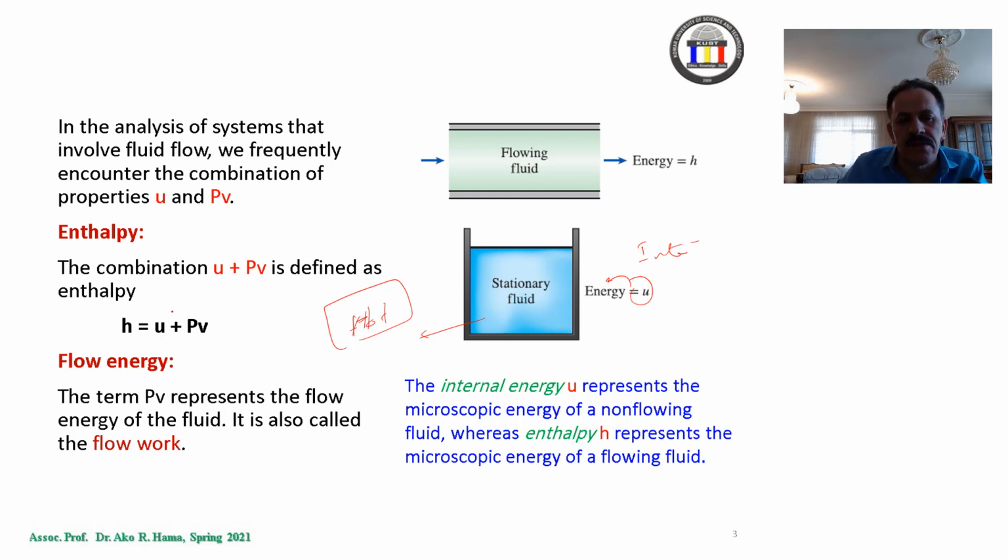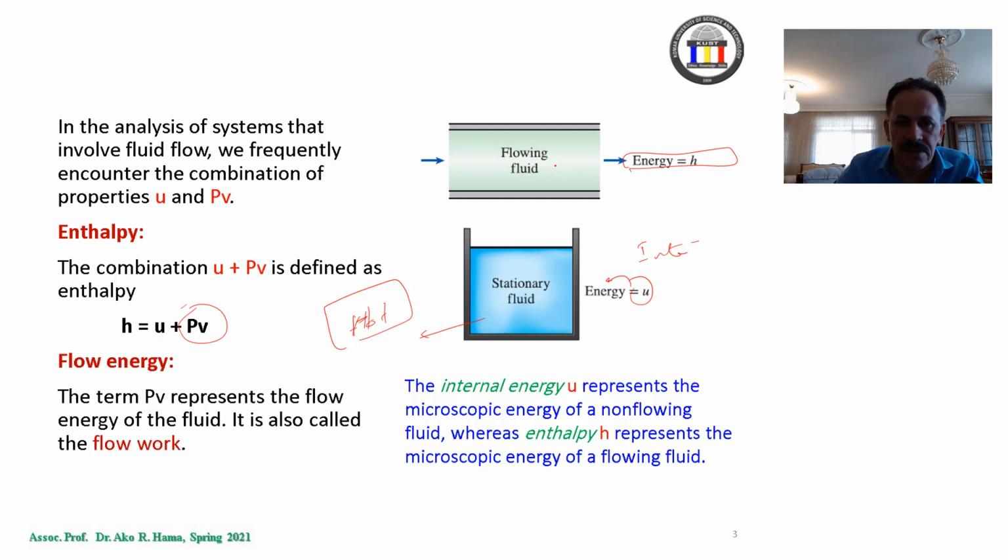Beyond that, we have another energy which is called the PV, which is for the flowing fluid. We have an energy due to the flowing. Usually, if we have dynamics, it will be V square over 2g and so on. The combination of these two energies is called enthalpy.